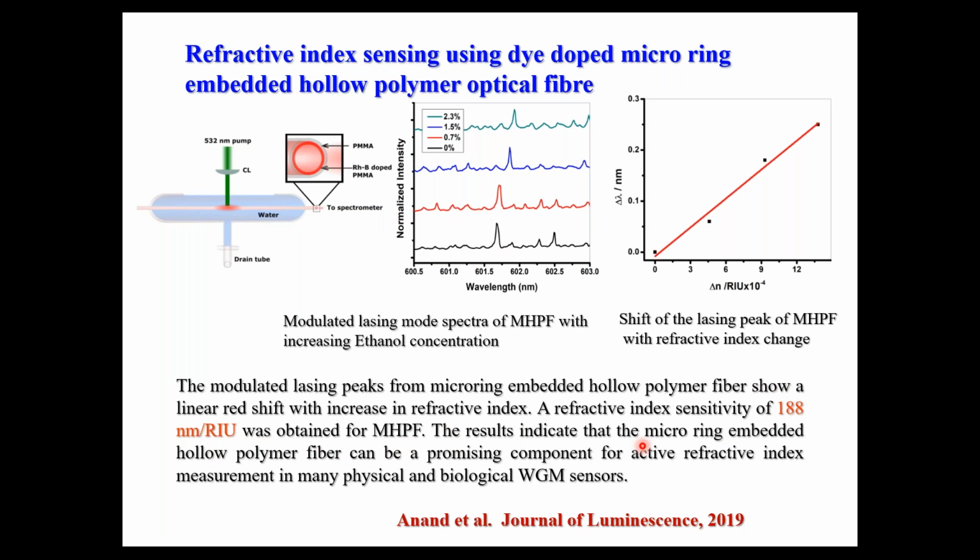The result indicates the micro ring embedded hollow polymer fiber can be a promising component for active refractive index measurement in many physical and biological WGM sensors. So these selected frequencies will be shifting with respect to the surrounding refractive index. That is actually what is happening here.